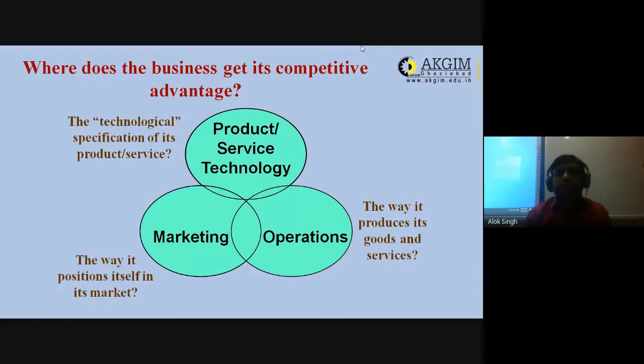So the way it produces its goods and services is known as operations. These three functions are known as the core functions of an organization, and they work simultaneously. You may adopt the technology or process as per availability in that premise, and you need to adopt marketing practices before production.